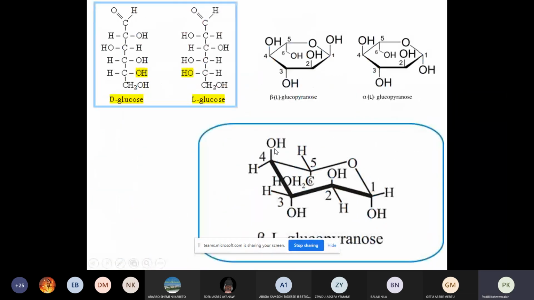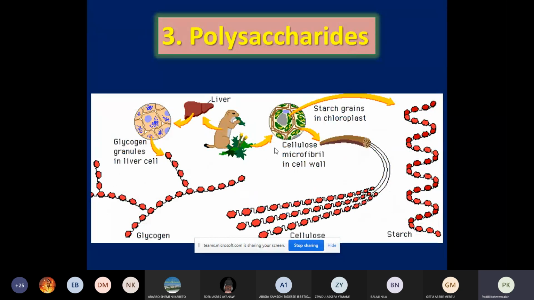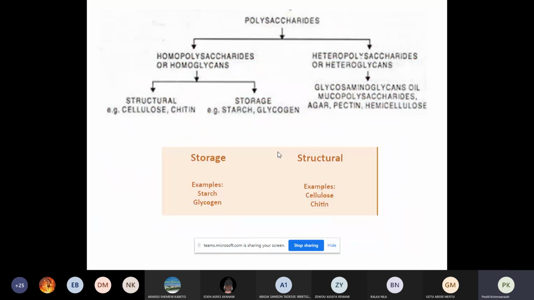And then coming to the polysaccharides. In polysaccharides, as we said at the beginning, they are mainly classified into two types. One is homopolysaccharides, another one is heteropolysaccharides.